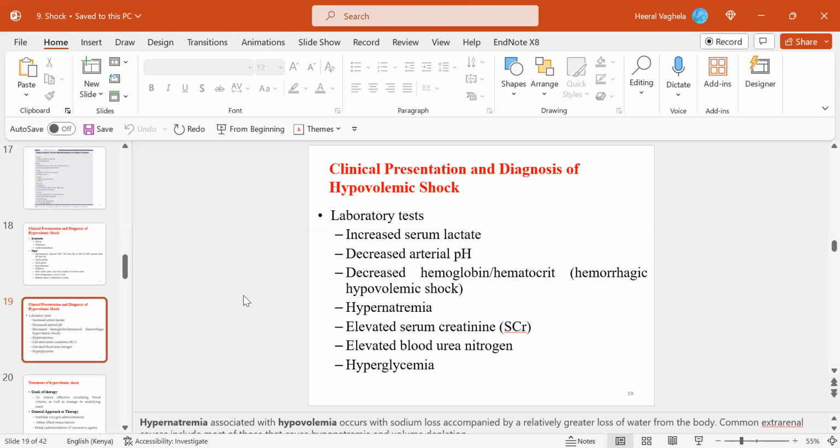Then also some vasopressors, things like norepinephrine for the vasoconstrictive action, then oxygen. Yeah, and what else? Anybody else?